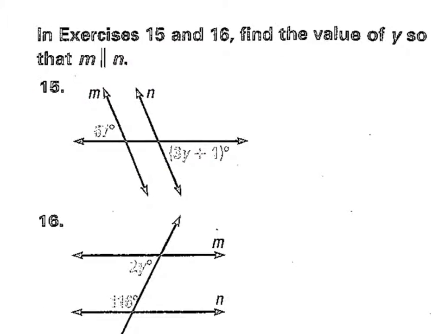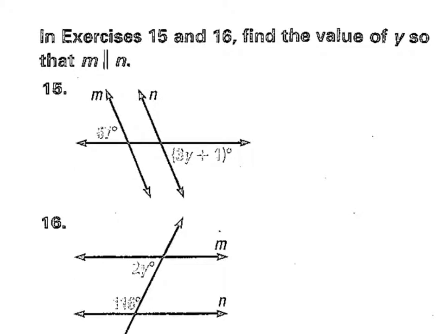Okay, number 15, all we're going to do here is set up an equation. This is 3y plus 1. This is 57. Notice that these are on different sides, so that's alternating. And they're both on the outsides, so that's alternate exterior, and those angles are always going to be equal to each other. So all we have to do is say 3y plus 1 equals 57.